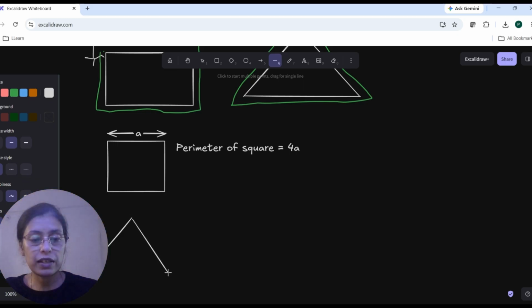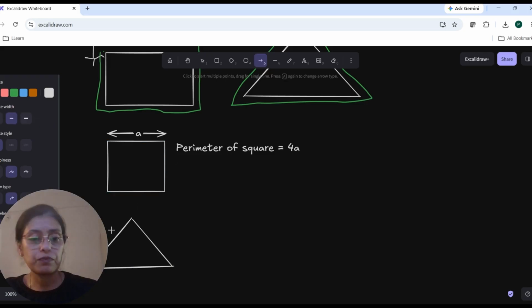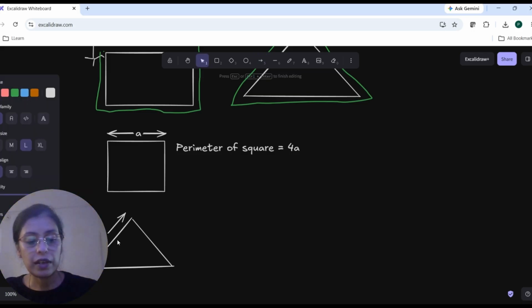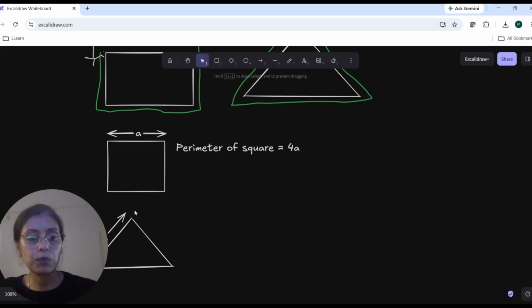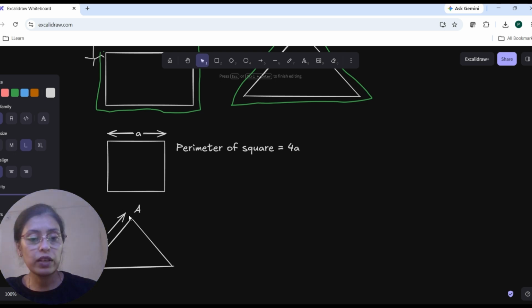Now in the same way, if we have an equilateral triangle, I hope you all remember, it's the one which has all three sides of equal length. Each side is of length A. If you start at this point and start moving around it, you will travel a distance A here, again A here, and again A here.